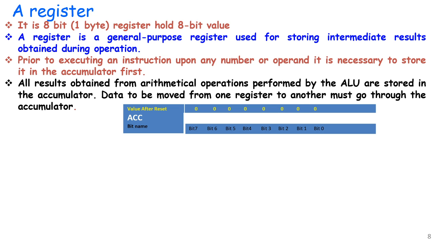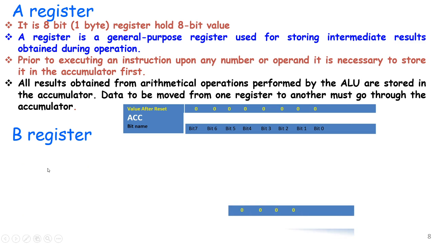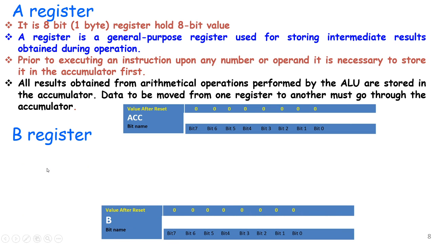All results obtained in arithmetic operations performed by the ALU are stored in the accumulator, the A register. When data is to be moved from one register to another register, this accumulator is used. So this is a very important register during instruction or program execution.